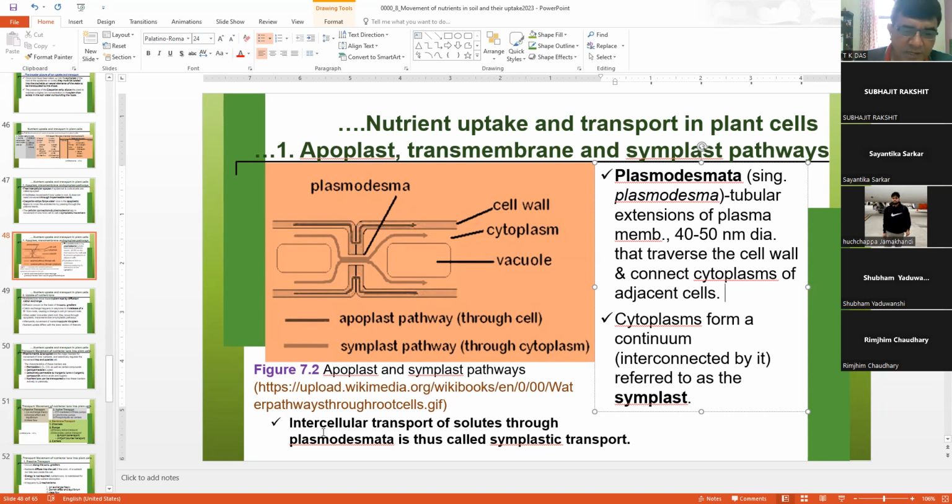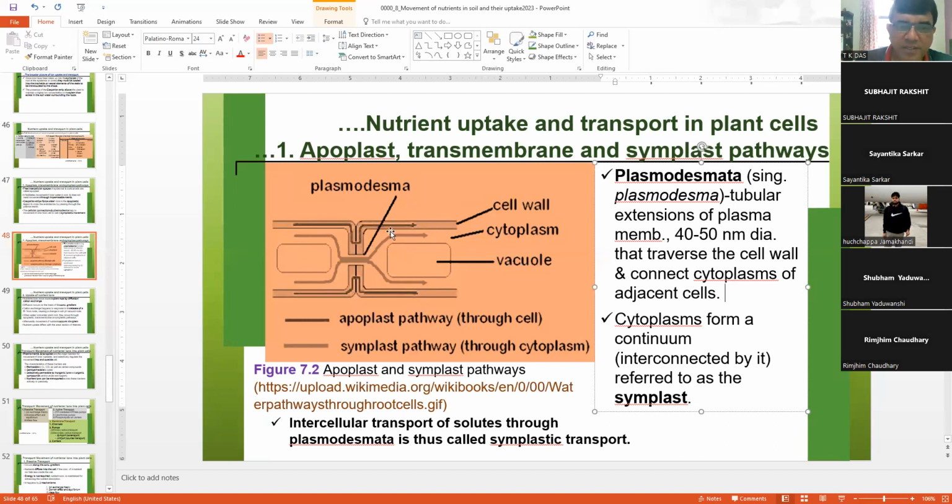And you can see intercellular transport of solutes through plasmodesmata is thus called symplastic transport. So if somebody asks me what is symplastic movement or symplastic transport, it is intercellular transport of solutes. Intercellular means between two cells. Intercellular transport of solutes through plasmodesmata is thus called as symplastic movement.